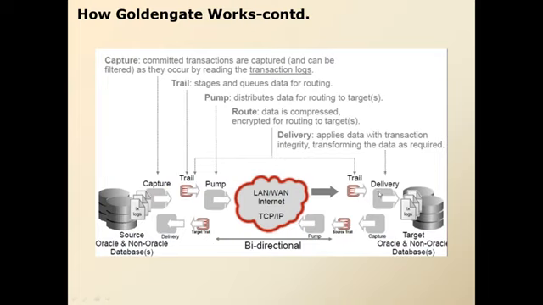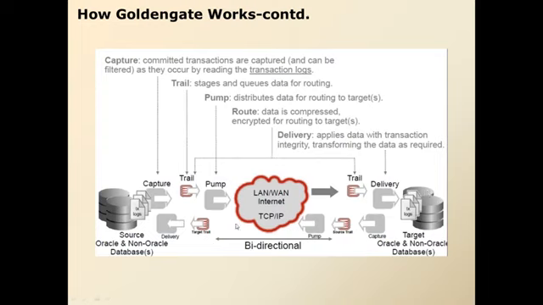The delivery process, also known as replicate, has the remote trail as its source. Each process has a source to read from and a target to write to. So the capture process source is the source database, target is local trail. The pump process source is local trail, target is remote trail. The delivery process source is remote trail, target is the target database.